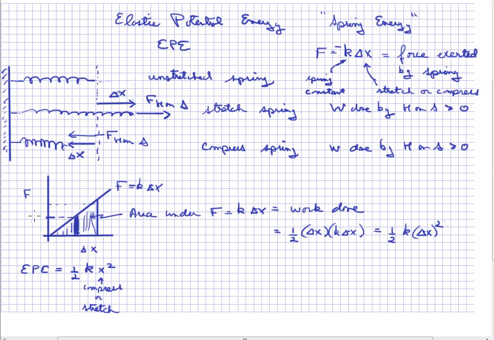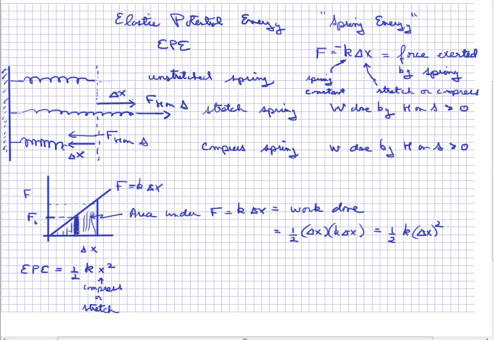So that would be the force, F1, times the tiny little distance that I displace it here, and so this F1 times this small displacement is going to represent the area of this bar.